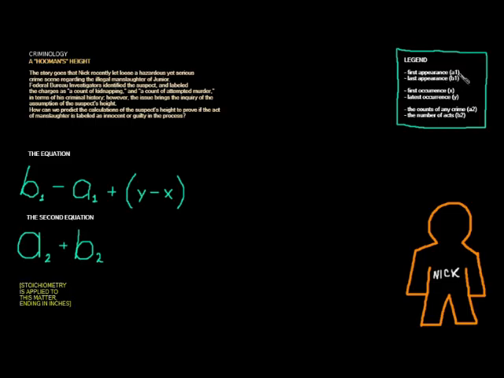The first appearance is A1, the last appearance is B1, the first occurrence is X, and the latest occurrence is Y. All of this corresponds with the first equation. So B1, which is the latest appearance, subtracted by the first appearance, which is A1, plus the latest occurrence, which is y, minus the first, so that would be x.